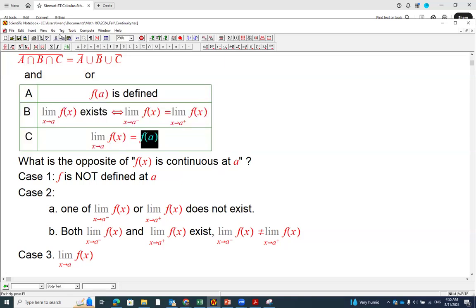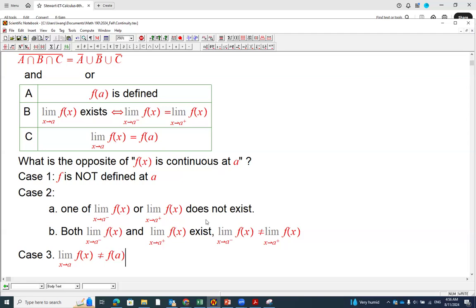If that happens, it's not continuous. So when we bisect, it's made clear what the cases for discontinuity are.